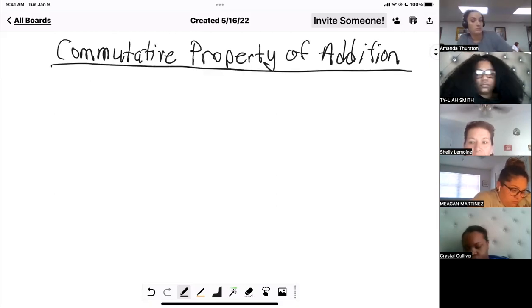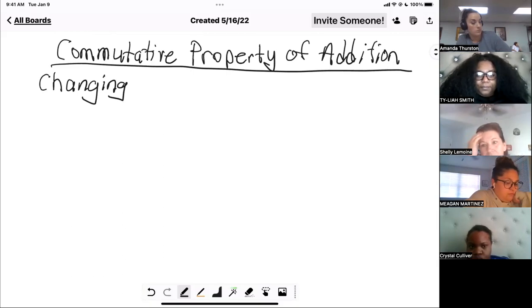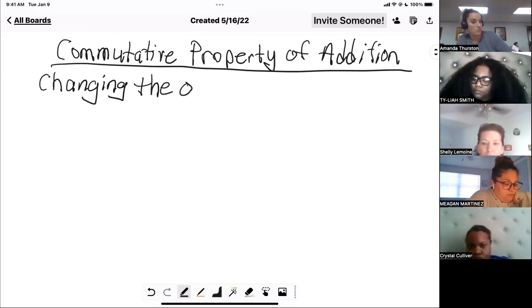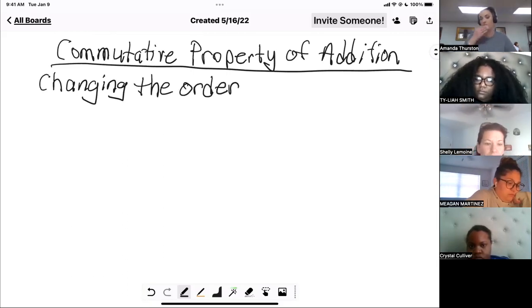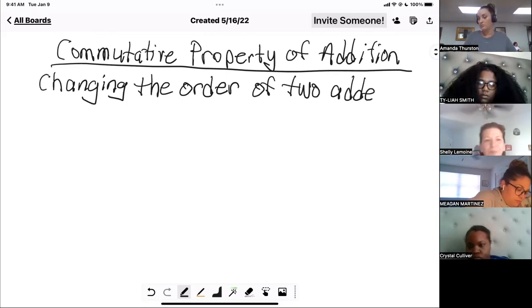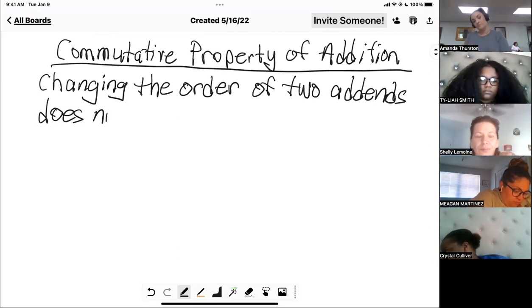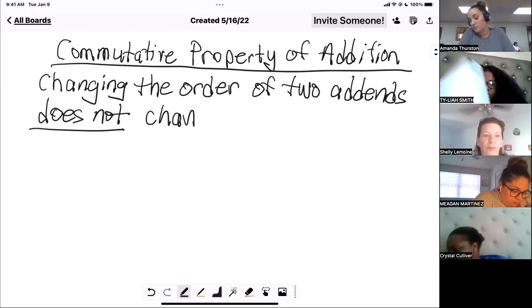You might be using it now and didn't realize it. Basically, it says changing the order of two addends. So changing the order of the two things that you're adding does not change the sum.